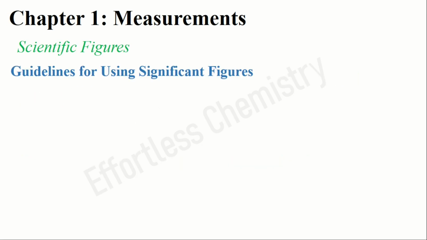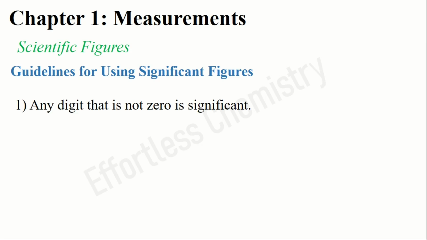There are some guidelines for using significant figures. We must always be careful in scientific work to write the proper number of significant figures. In general, it is fairly easy to determine how many significant figures a number has by following these rules. Rule number 1: any digit that is not 0 is significant.